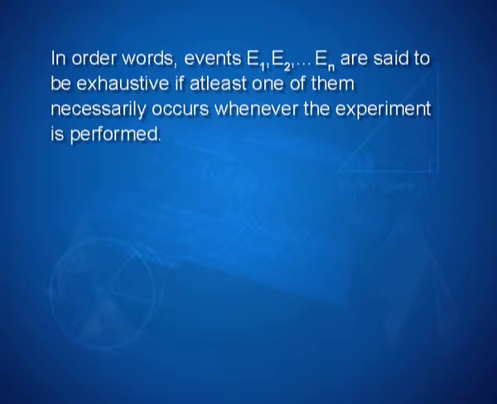In other words, events E1, E2 so on En are said to be exhaustive if at least one of them necessarily occurs whenever the experiment is performed.